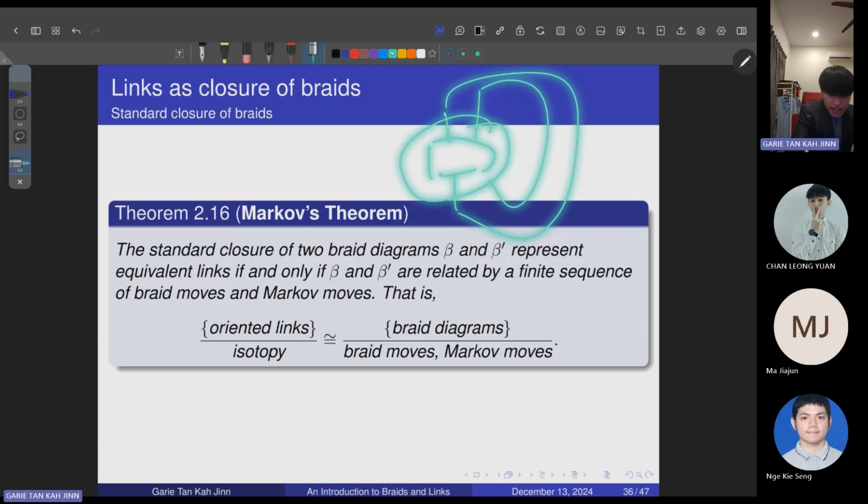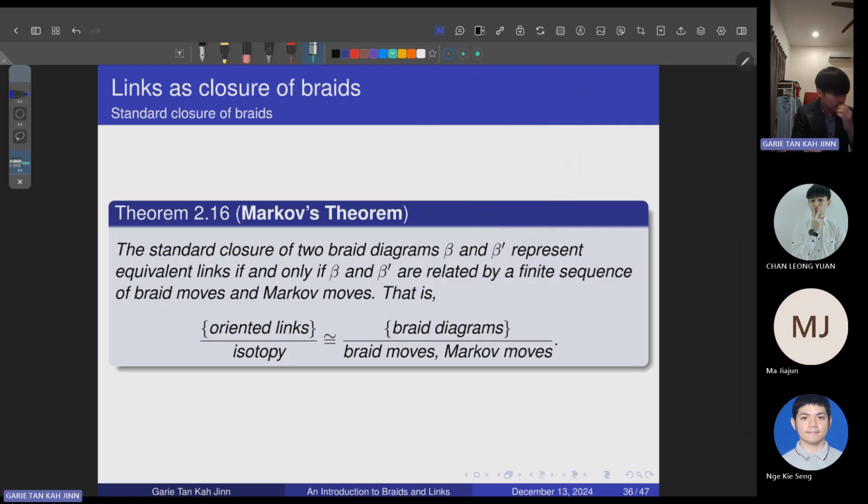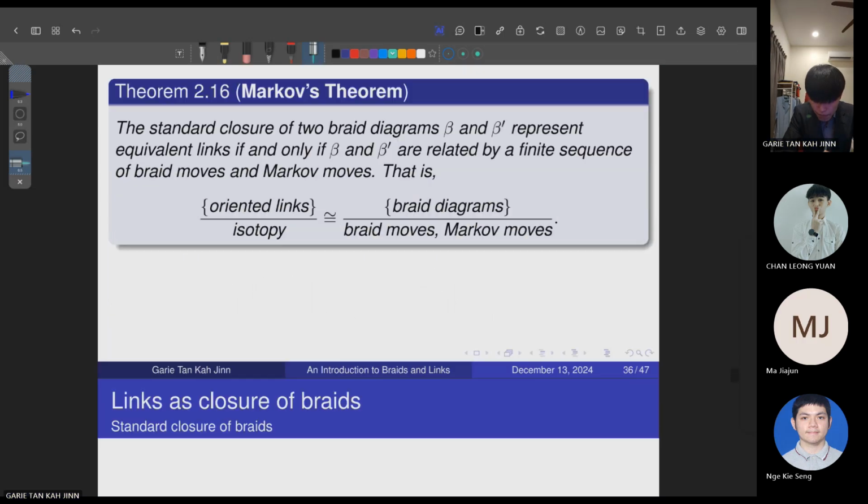So I can just look at this section and ask whether these two braids are related by braid moves and Markov moves.